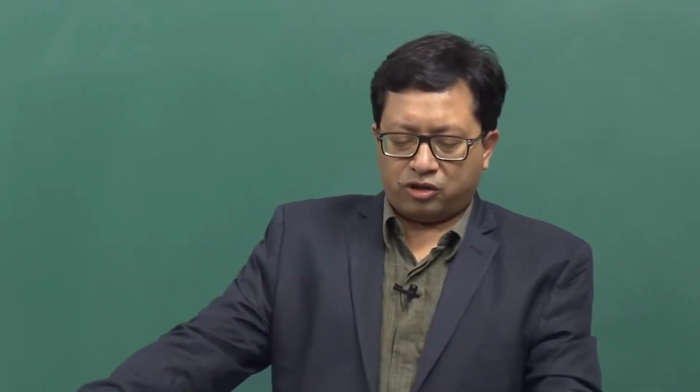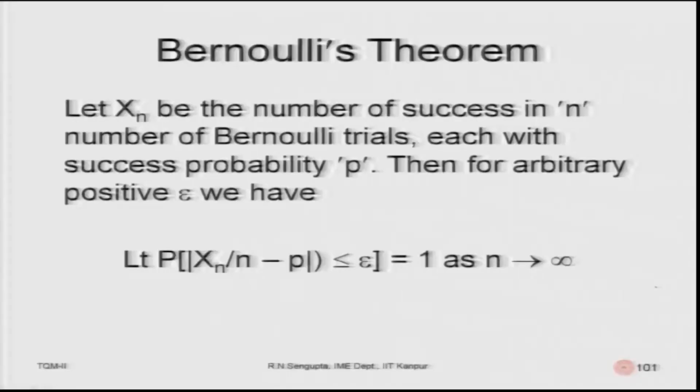Now, in Bernoulli's theorem, let x n be the number of successes in n Bernoulli trials, each with success probability p. Obviously, the unsuccessful one would be q. Then for any arbitrary positive epsilon, as n tends to infinity, the difference between the relative frequency and the probability would be as close as possible to 0 as n increases.